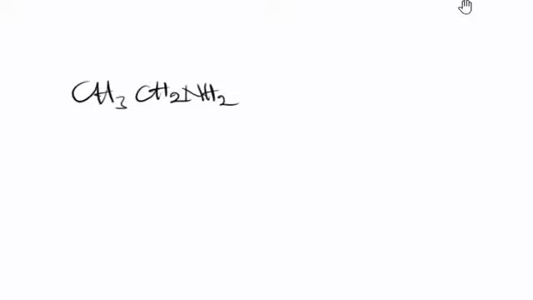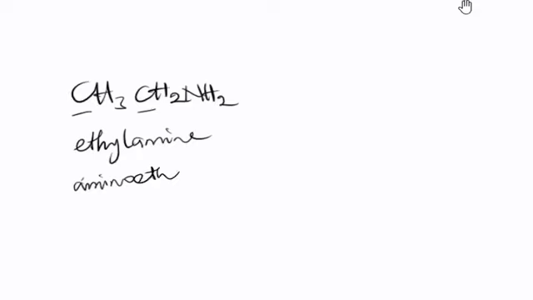We can call this ethyl amine because I have 1, 2 carbons, so I can name it from the alkyl group, so I call this an ethylamine. Or I can also name this as an alkane group, but then call this amino, so it becomes amino ethane.